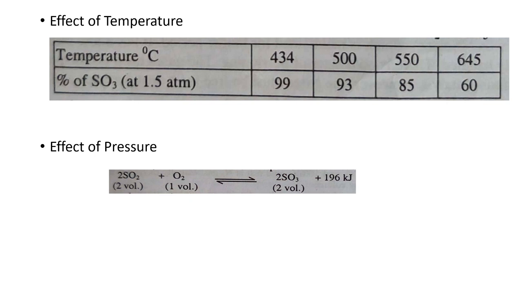So if volume decreases, obviously pressure has to increase. So according to Le Chatelier's principle, theoretically we may say that with increase in pressure we should get more yield of sulfur trioxide, but practically this is not observed.